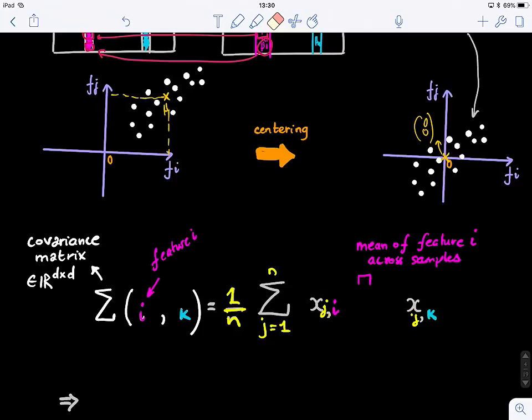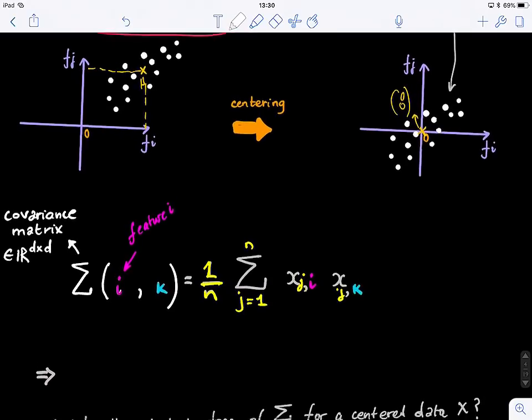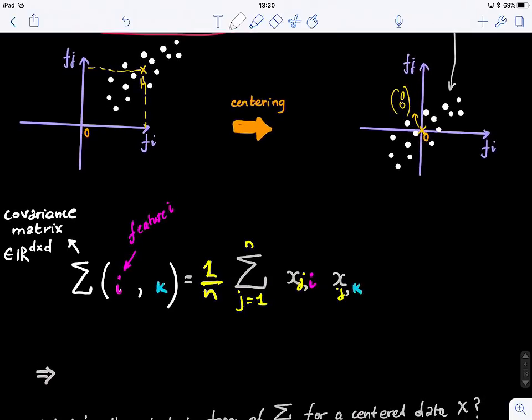Now you can see very nicely how we get the simple product between features when the data is centered, okay? It's very simple, and very neat for formalization of covariance. And remember, each sample belongs to R^d. So this is just an element in your covariance matrix. This is the covariance between the ith feature and the kth feature.